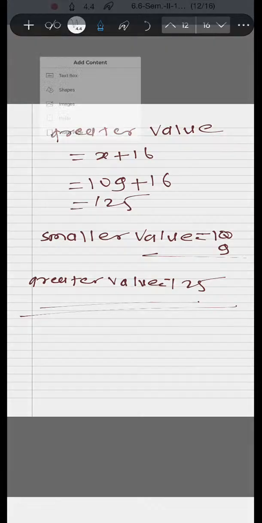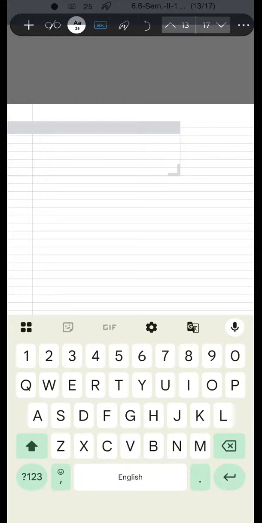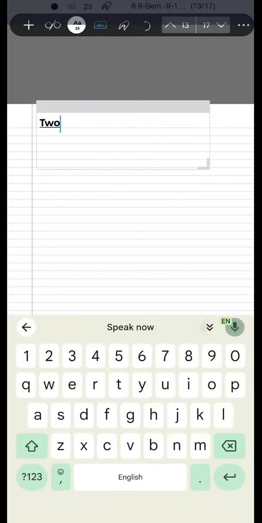Chalo, we will take more questions of the same type. Word problems here we will take. Chalo, the question says two integers.